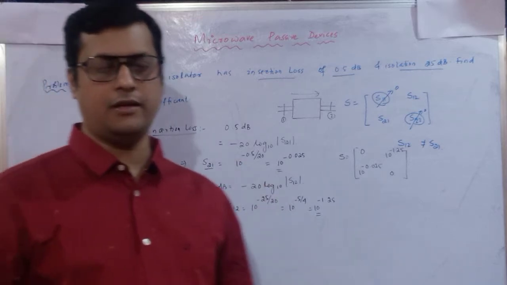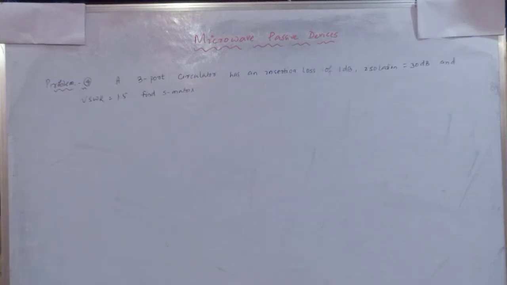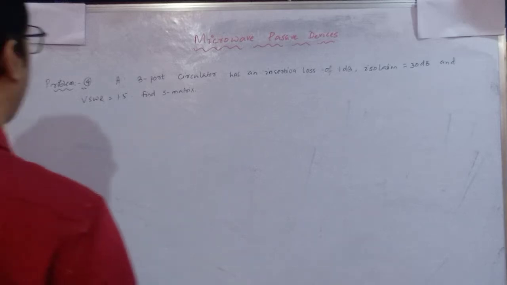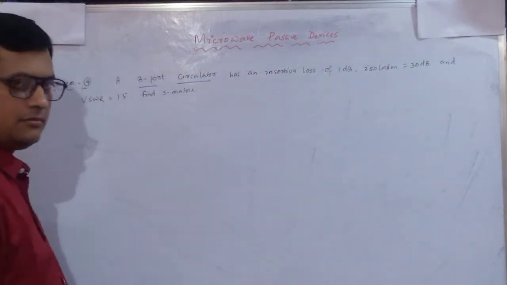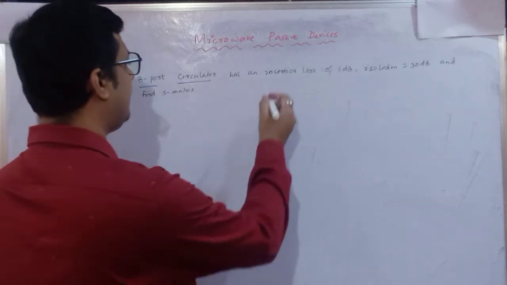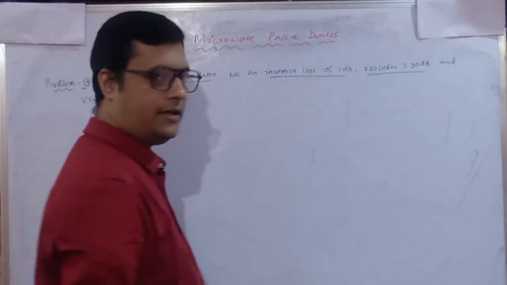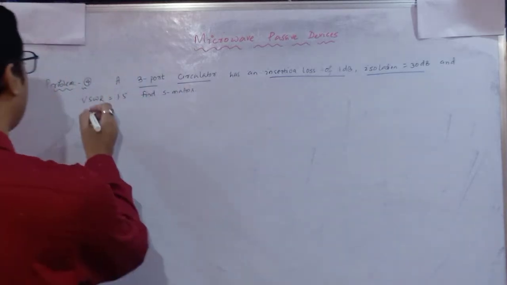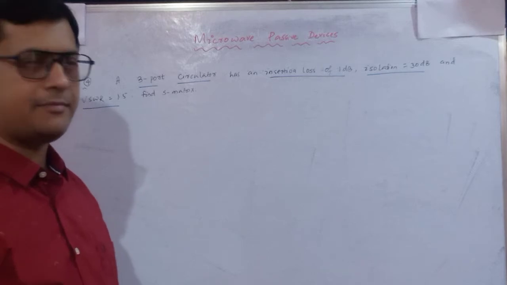One more question we will take. Okay, so this is one more question. As you can see, I have taken a 3-port circulator. Now, the circulator has an insertion loss of 1 dB, isolation of 30 dB, and VSWR is 1.5, and we have to identify the S matrix.